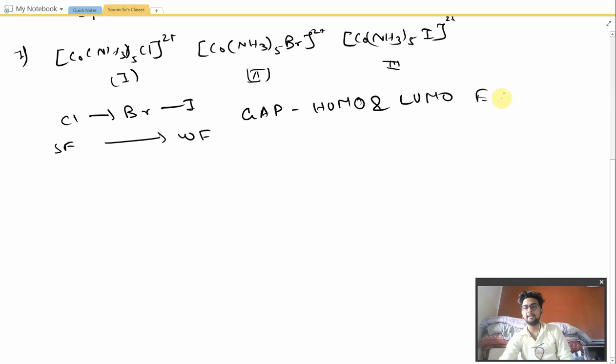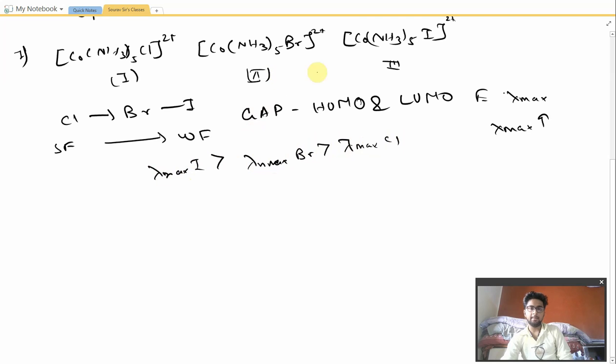As energy and lambda max are inversely proportional, for I the energy is low and lambda max is high. That effect is reduced in Br, and reduced further in Cl. So the lambda max of the I compound would be the highest, then Br, and then Cl. So this compound would have the most intense color, then this one, and then this one.